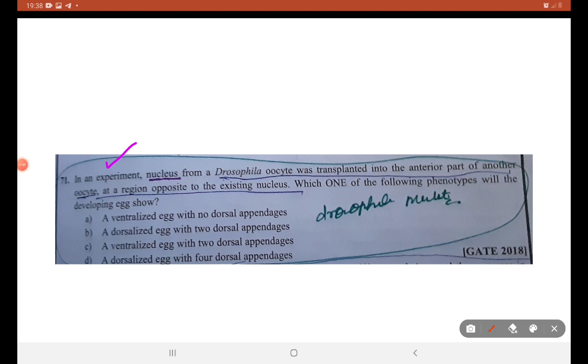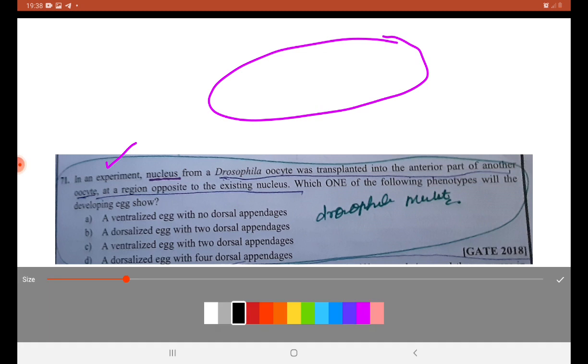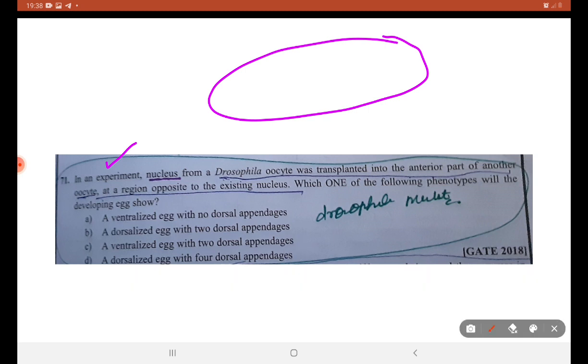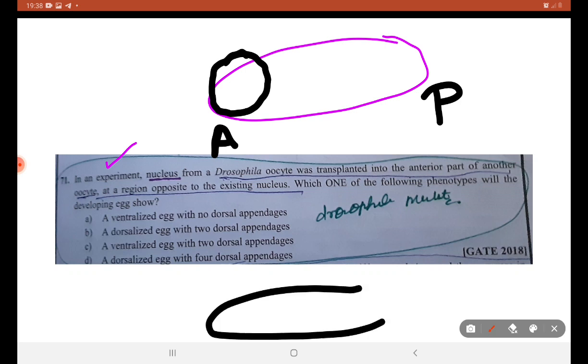Experiment based question. Consider this as an egg. This is the anterior, this is the posterior part. If another egg is present in the anterior side, consider this as another egg.